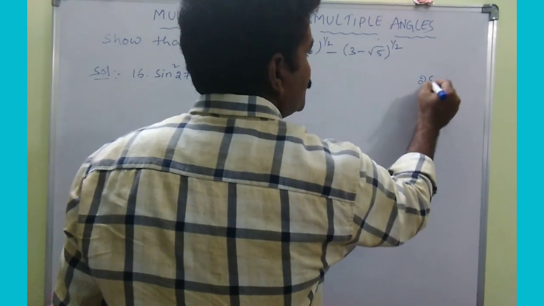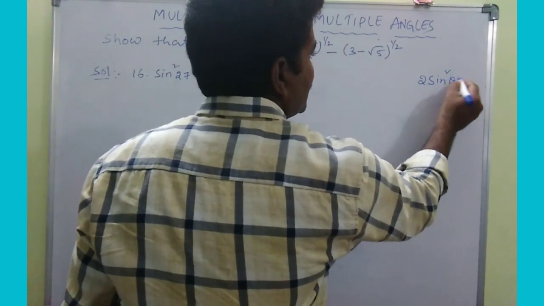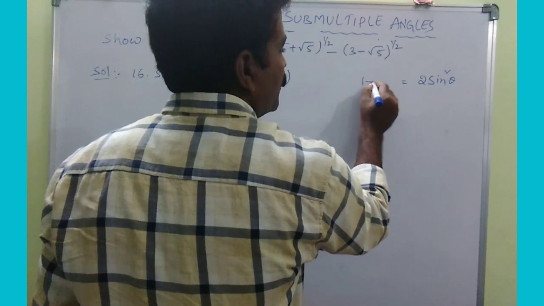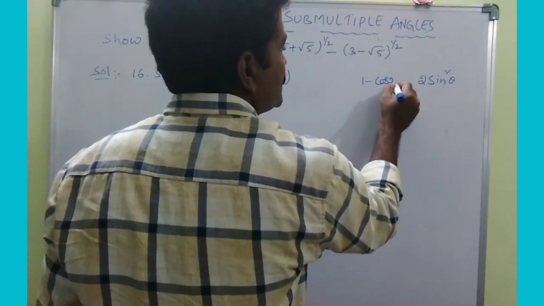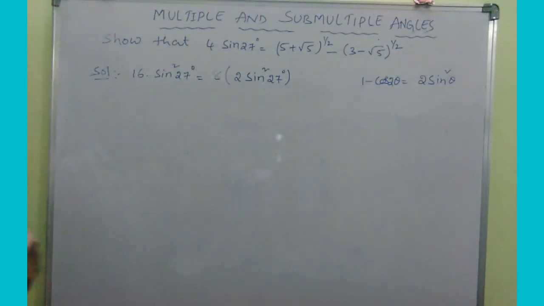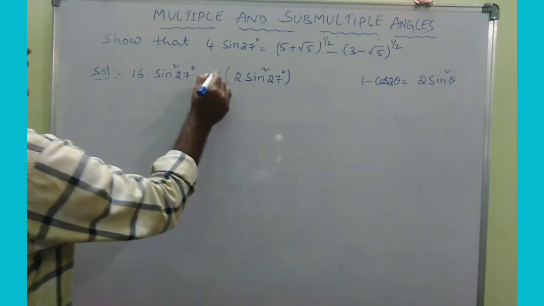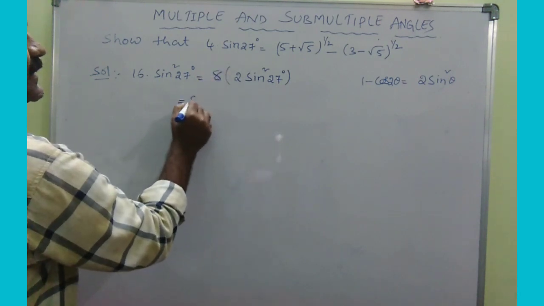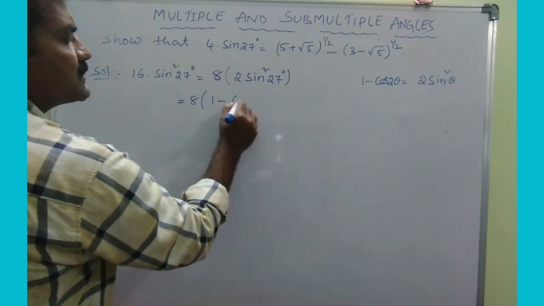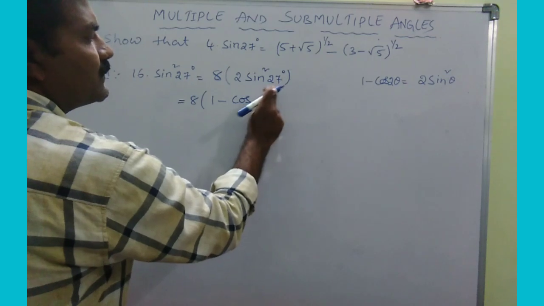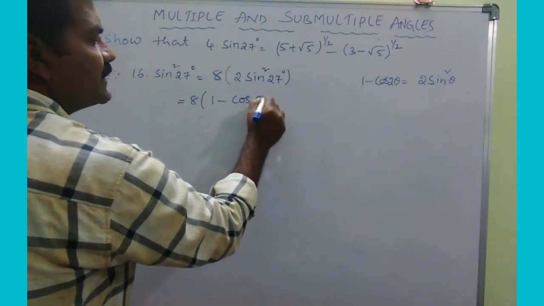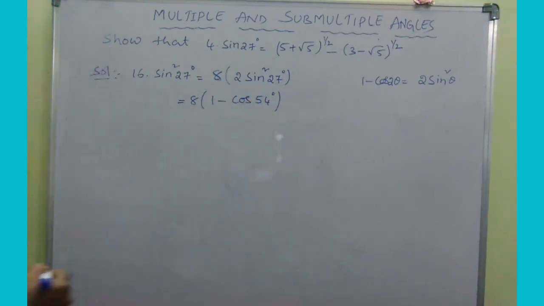Do you remember 2 sine square theta can be written as 1 minus cos 2 theta? Hence, according to that, this is 8 into 1 minus cos 2 theta, 2 into 27 degrees, which is 54 degrees.